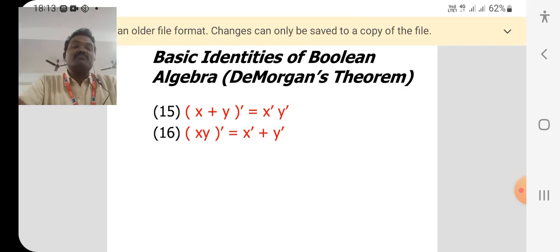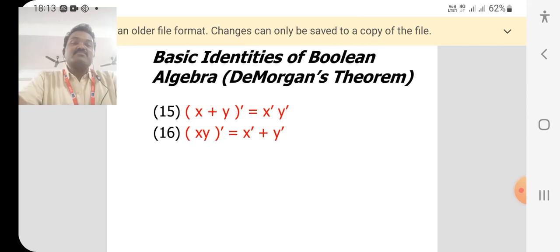Okay, what is De Morgan's theorem? X plus y the whole bar is equal to x bar dot y bar. This is De Morgan's theorem 1. In De Morgan's theorem 1, on the left hand side we will use a NOR gate and on the right hand side we will use an AND gate.